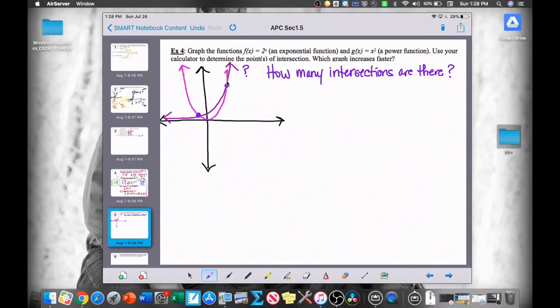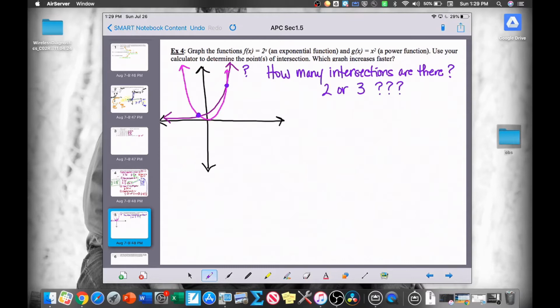And so it looks like that pink curve is increasing faster at this point. But the question is, do they cross again out here at some point? Does that exponential curve overtake our power curve or our quadratic function and start to increase faster at some later time? So I know for sure that there are two intersections, but there could be three. So the question is, are there two or are there three?